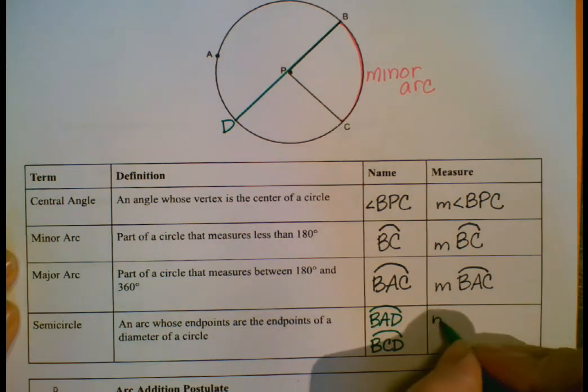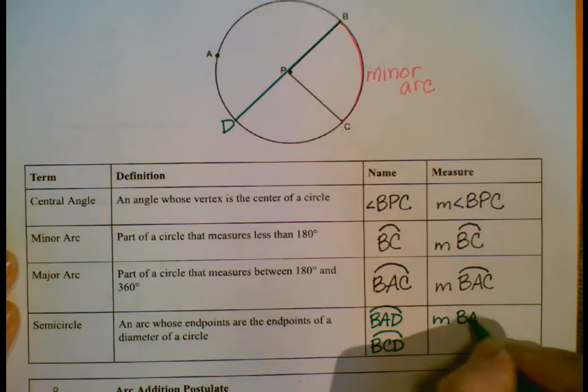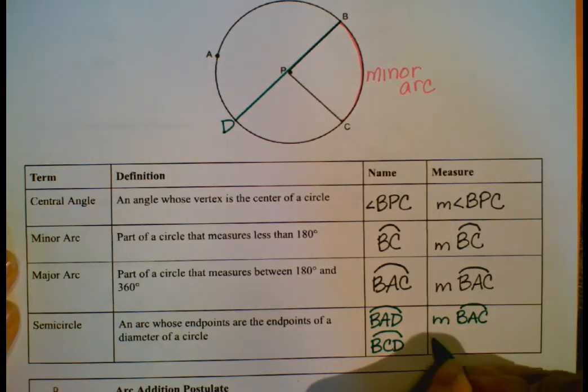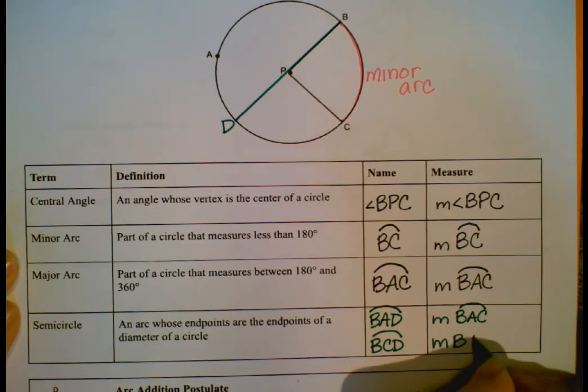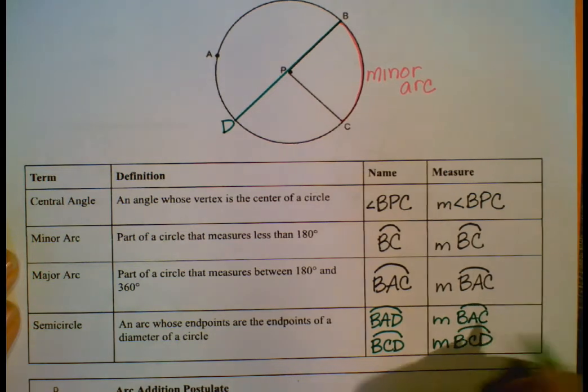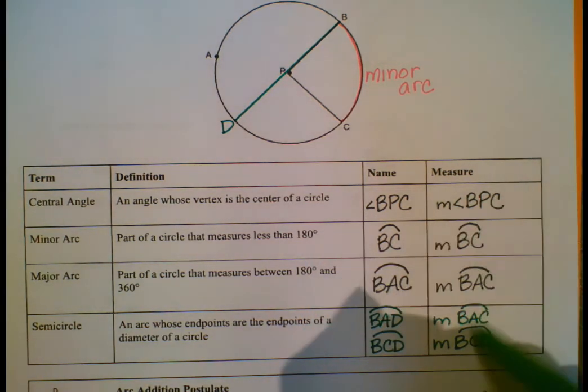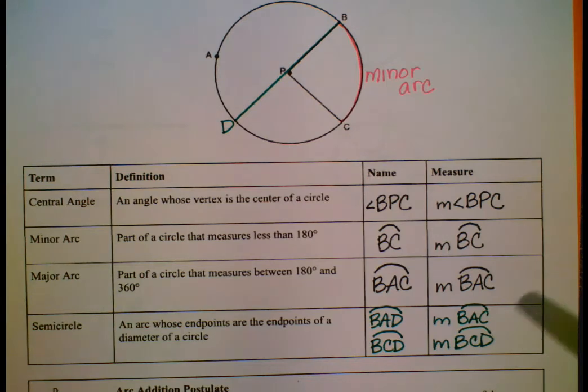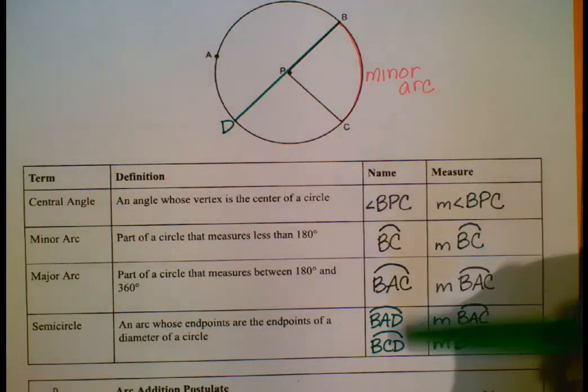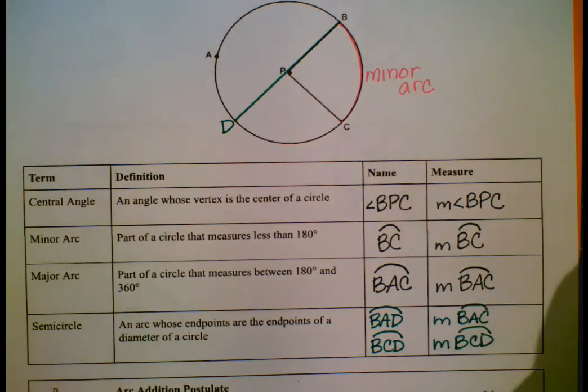There again, measure is still the name of the arc with the little m in front of it, just like it is for an angle. And that takes care of how we talk about names of objects versus talking about their measures. When we talk about the measures, we're going to be talking in degrees like we do with angles. When we're talking about their names, it's just referencing the object itself.